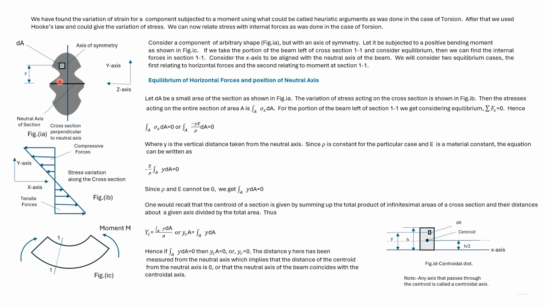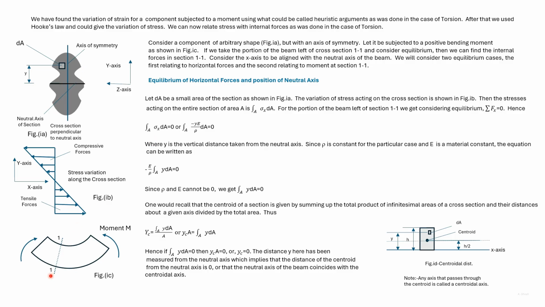Let us consider a small element dA. Let it be subject to stress sigma x. Then the force acting on it is sigma x dA. Now sigma x varies. If we had an element over here, then the sigma x would be tensile, while here it is compressive.